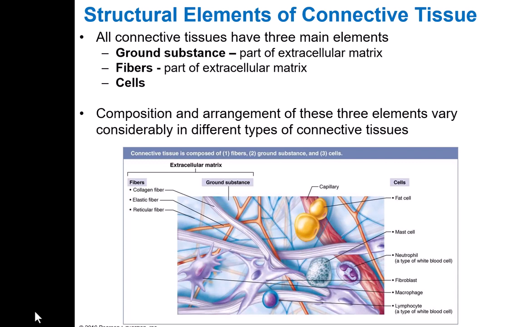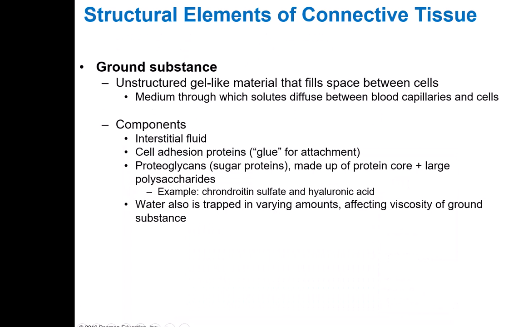So we've got ground substance and fibers that are part of the extracellular matrix, and then within that extracellular matrix you will find cells. What is that ground substance? Basically, a gel-like material that fills the space between the cells. You'll find interstitial fluid in there, some proteins, and some water as well.